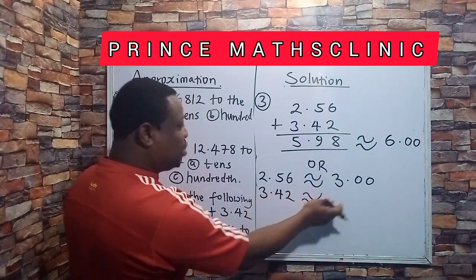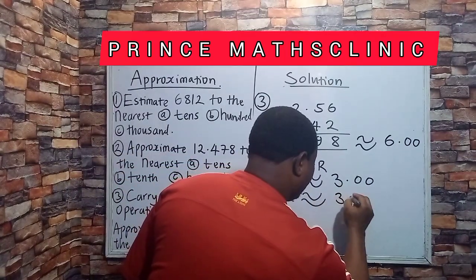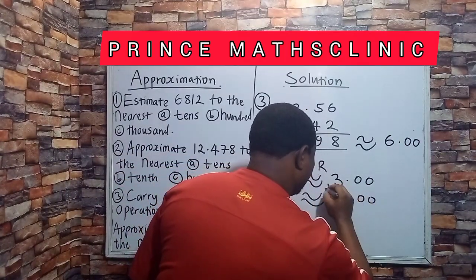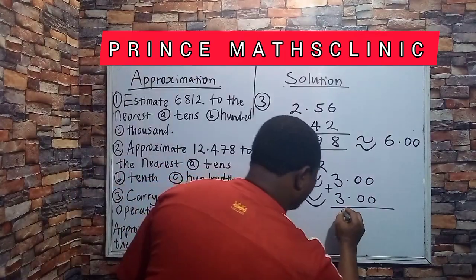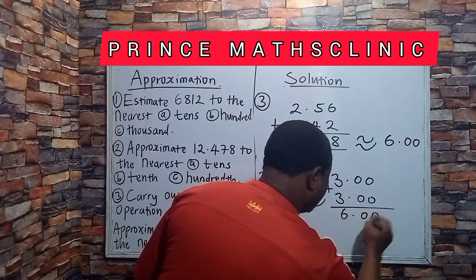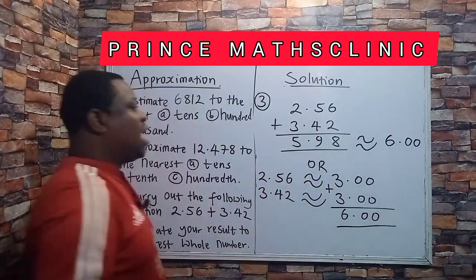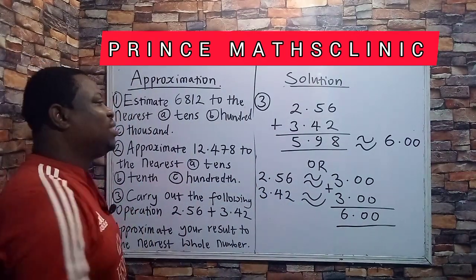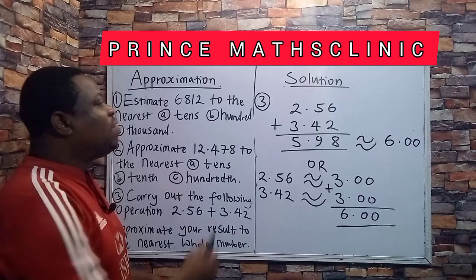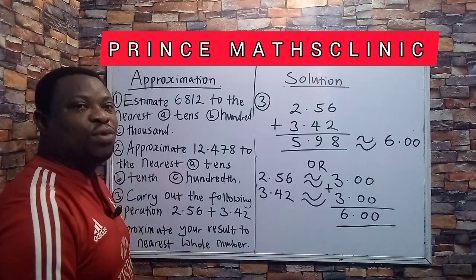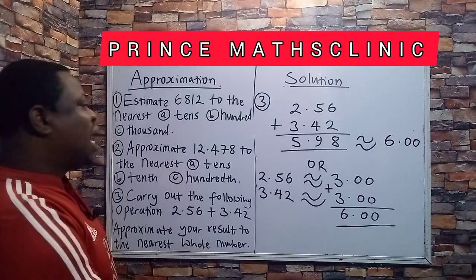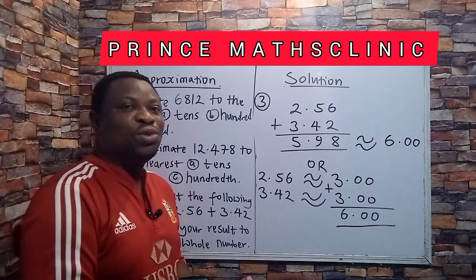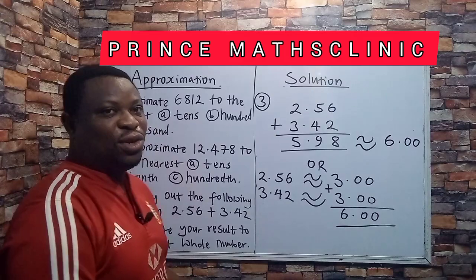So this is 3.00. Then if you add 3.00 to 3.00, you get what? 6.00. That is how to handle the last one. So you can see whichever way you turn, you are still getting 6.00. So that is how to handle questions of this nature.